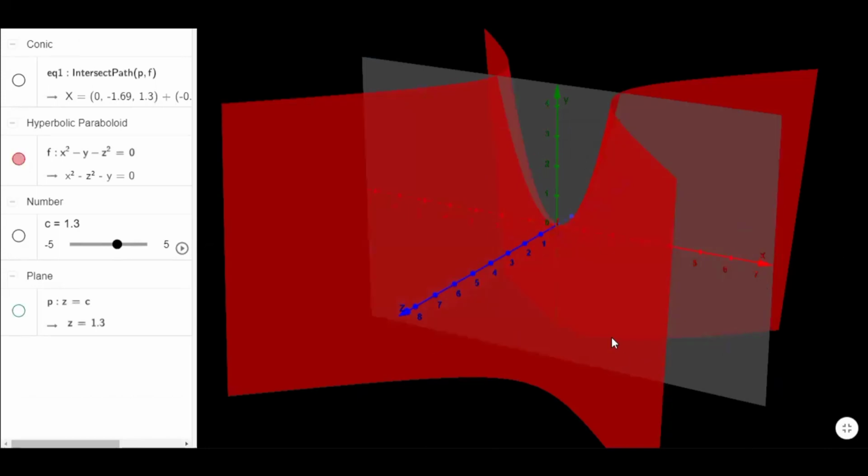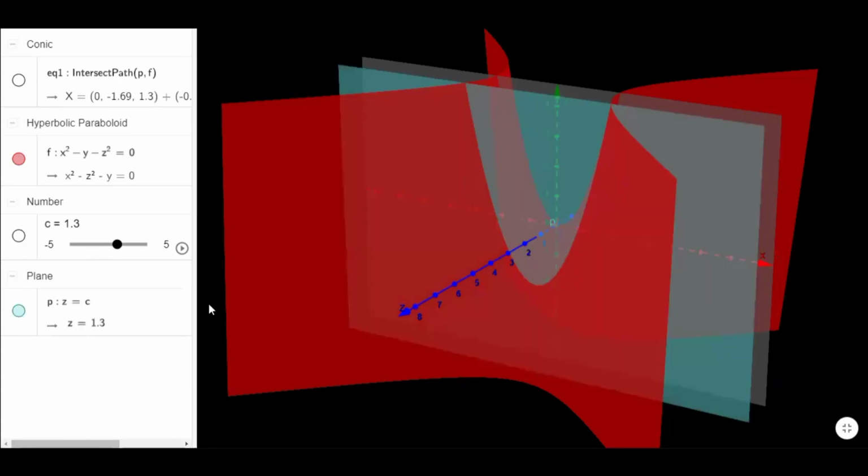See, consider this example. Here, let me take a plane. See this plane, z is equal to c. This is parallel to the xy plane, right? Where c is a constant, observe here, this plane cuts this surface.